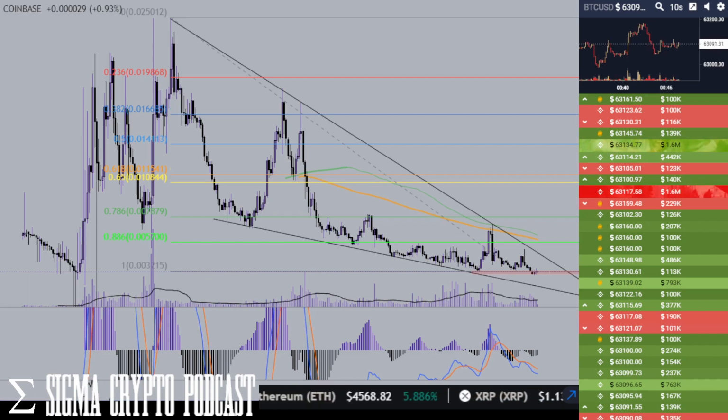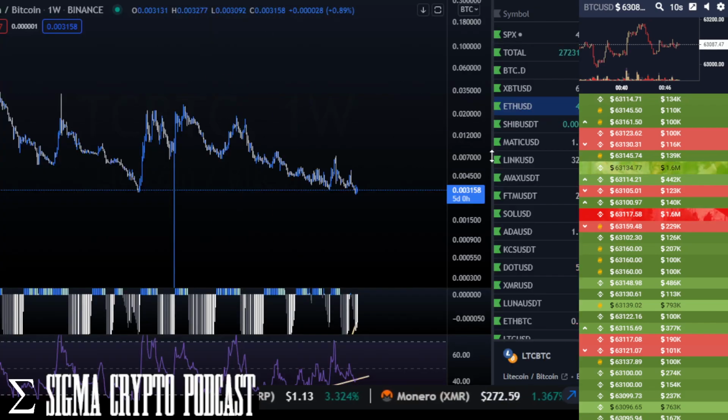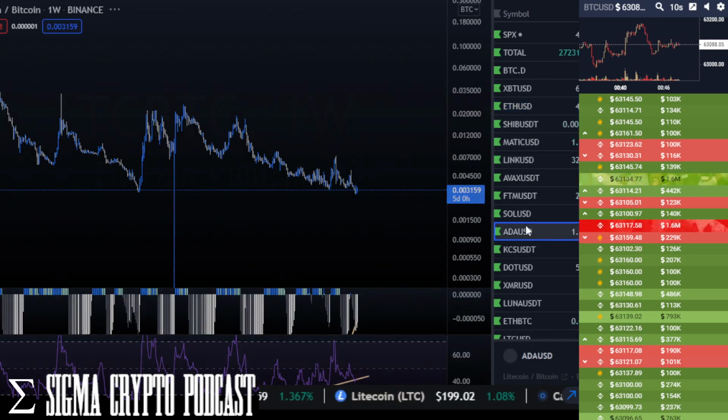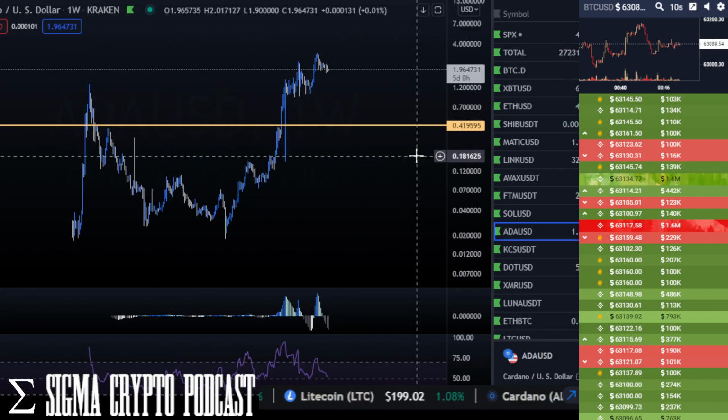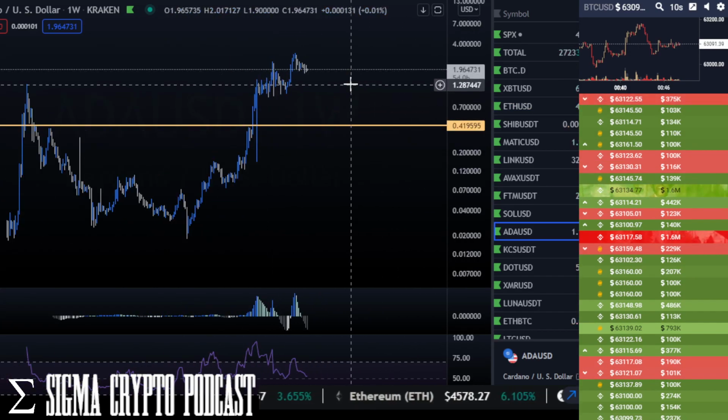So similar, obviously not as much of a longer term downtrend on Cardano, but in terms of this cycle, it hasn't been seeing the best last couple months compared to all these other alts. But if you look at the longer term, ADA looks great.